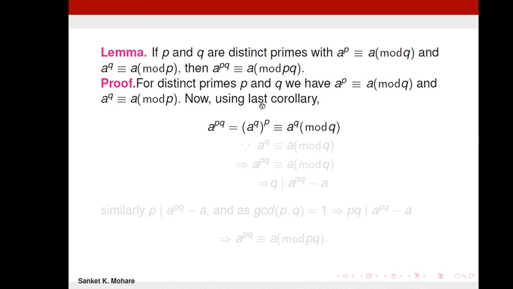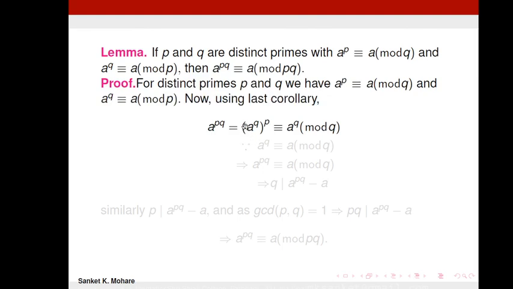Now, using the last corollary, a to the power pq, now we calculate this. A to the power pq is equal to, I can write this as a to the power q into p. Q into p is qp, and pq is equal to qp. The product of two integers is commutative, so that's why a to the power q into p.